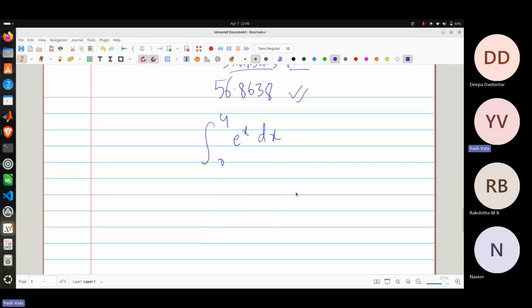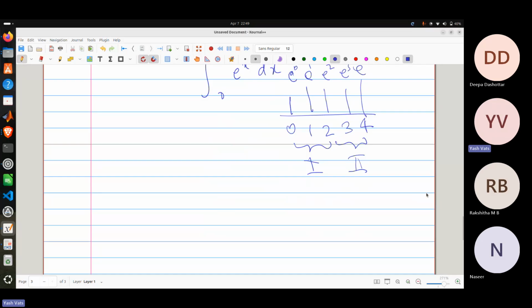You have applied Simpson's rule there. How many points? 0, 1, 2, 3, 4, right? So you calculated the values of e to the power 0, 1, 2, 3, 4. Then you apply it over here, first and second, and you got these results. Is that clear to everyone?